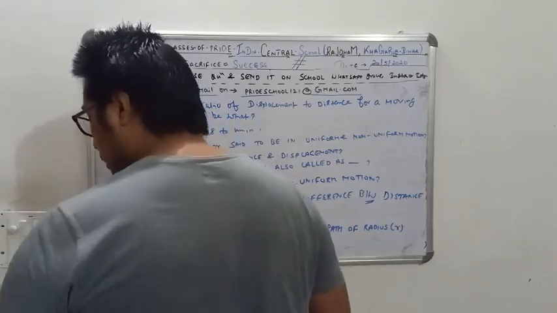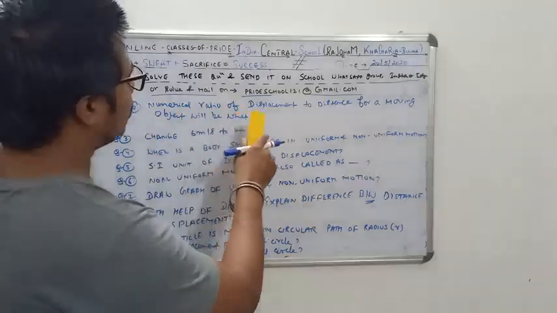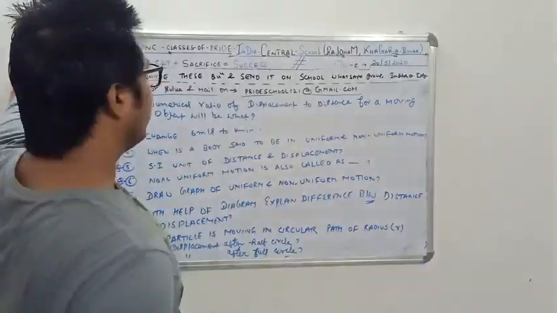So these are the 10 questions which you need to answer. The last question is, the numerical ratio of the displacement to distance for a moving body will be what?